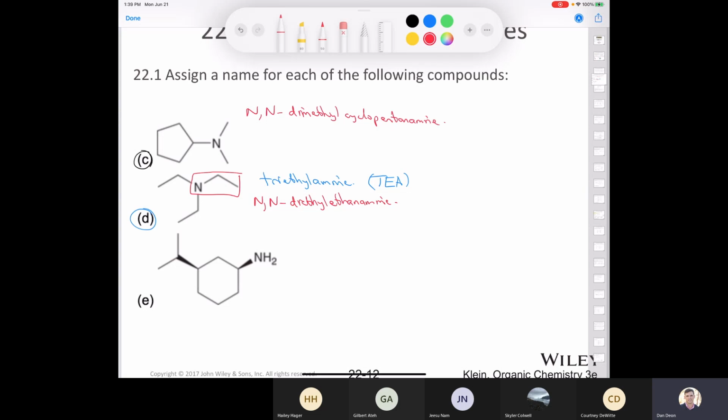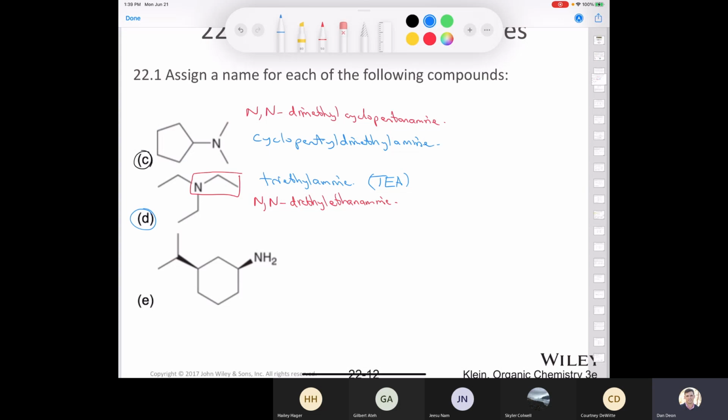Or we could give it a common name because we've got a cyclopentyl group and 2 methyl groups. So cyclo is a prefix that we don't ignore. So we have cyclopentyl. So let me write that down. Cyclopentyl dimethyl amine. And that would be perfectly reasonable as well.